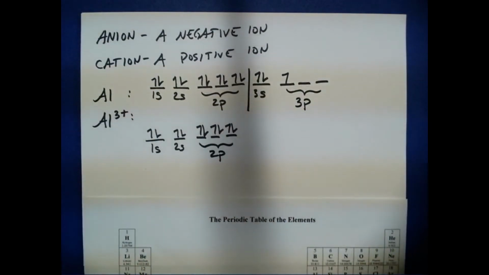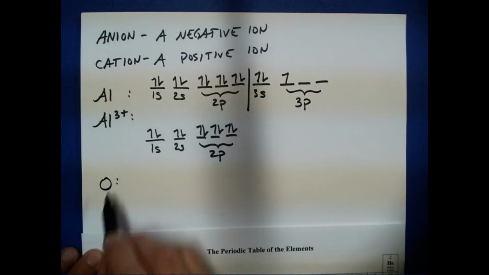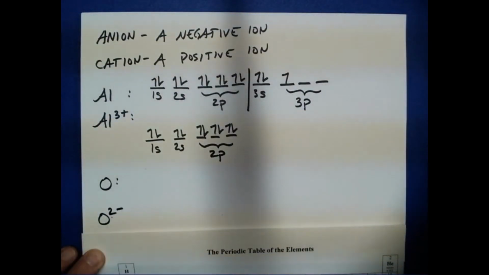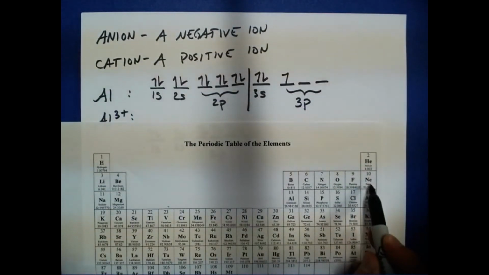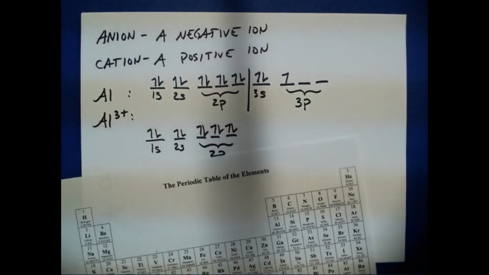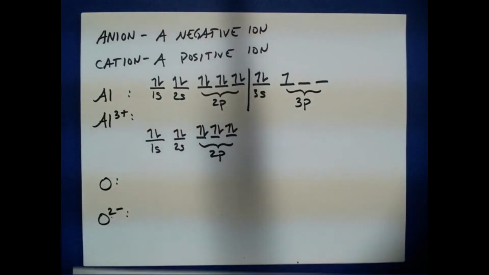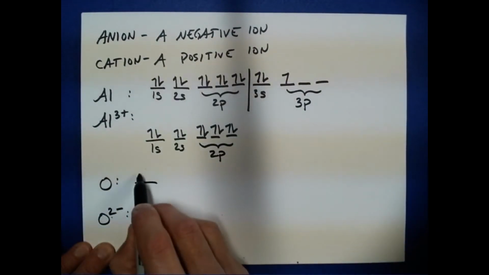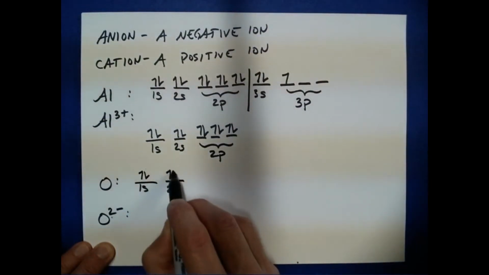Now let's write the electronic configuration for oxygen and the oxide ion. So oxide is going to be oxygen that has gained 2 electrons. So if we're going to write the electronic configuration for oxygen, we're going to have a 1s2, 2s2.